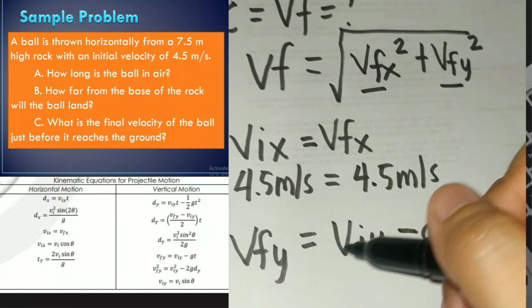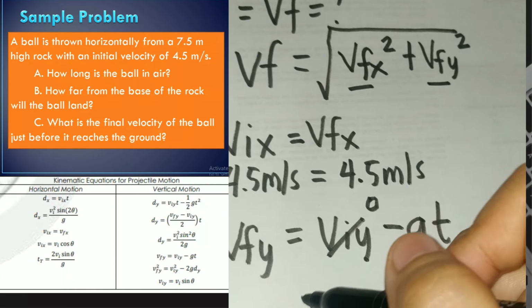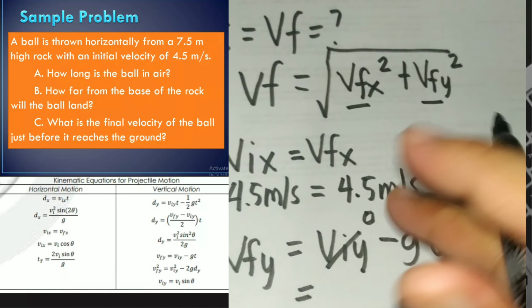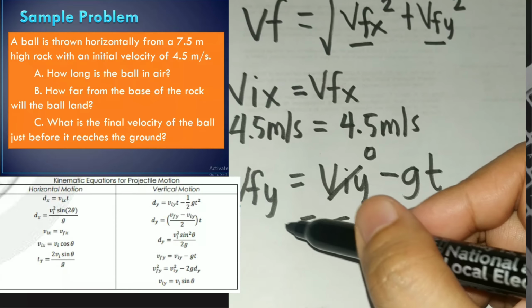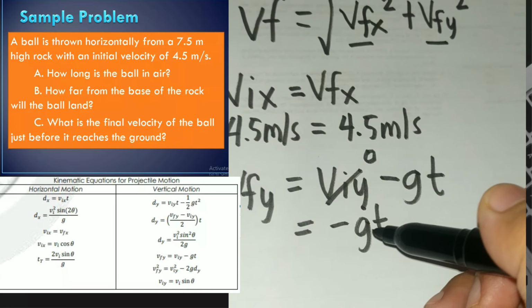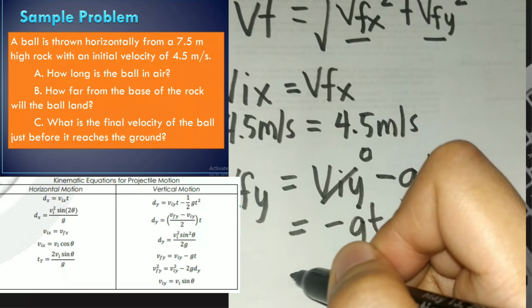And since your initial velocity along the vertical is always 0 in this kind of problem, you can get the Vfy by multiplying the acceleration due to gravity times your time.